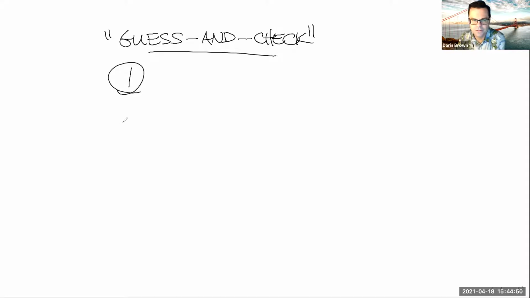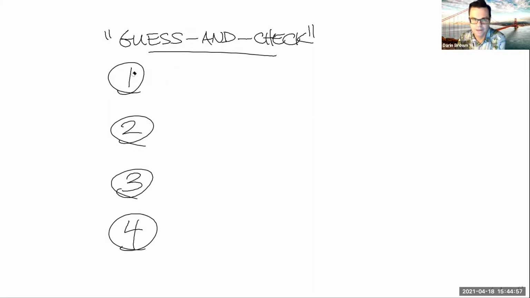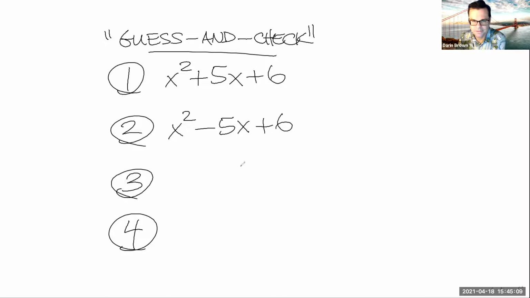So let's start with four different examples. Let's look at x squared plus 5x plus 6, x squared minus 5x plus 6, x squared minus 5x minus 6, and x squared plus 5x minus 6.